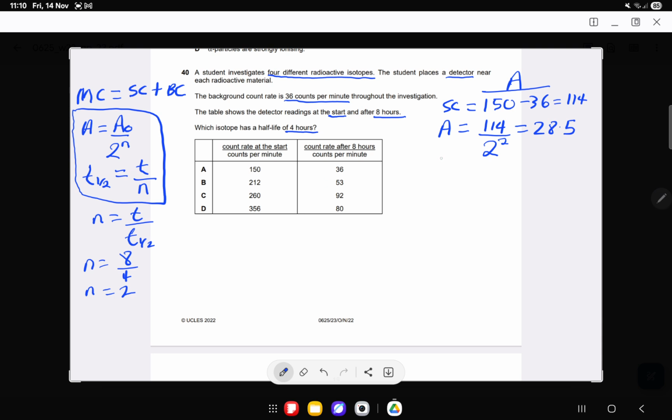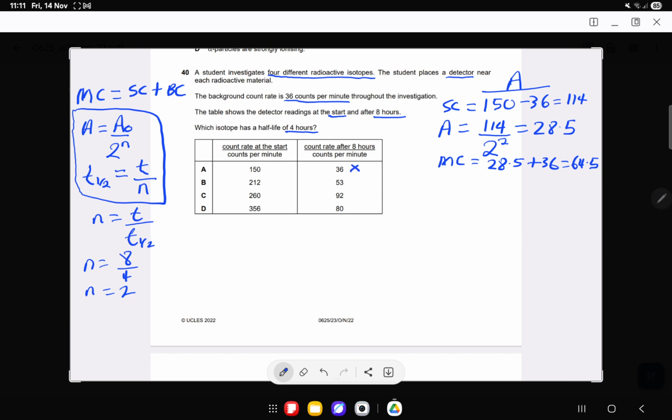So to find the measured count rate in this case, it will be 28.5 plus 36, which is the background count rate, which will give us 64.5. So obviously, you can see that after 8 hours, we are not getting 64. So option A is wrong.